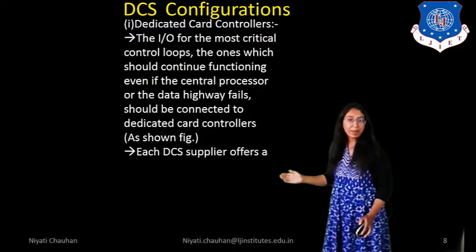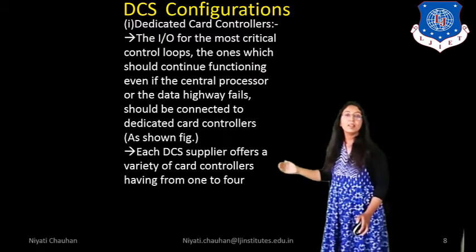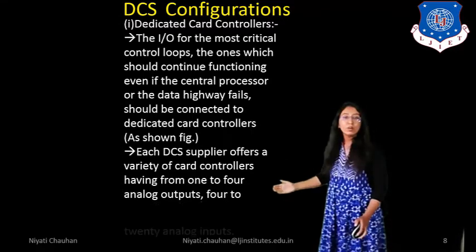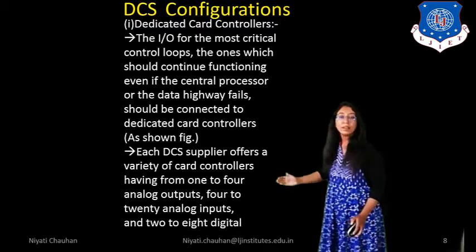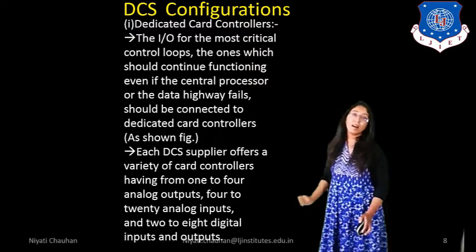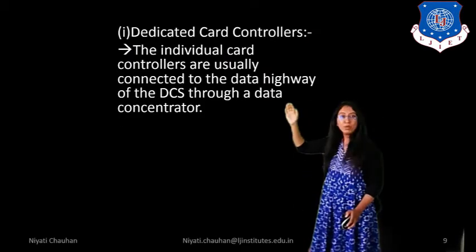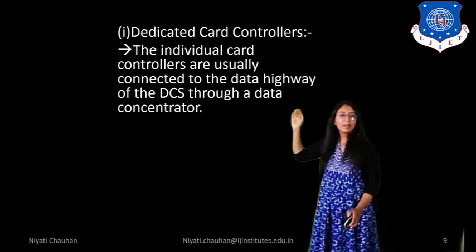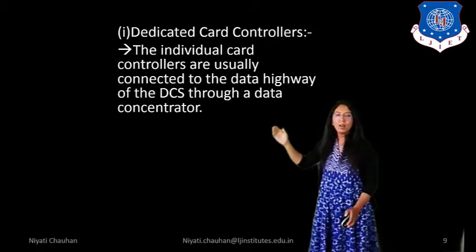Each DCS supplier offers a variety of card controllers having from 1 to 4 analog outputs, 4 to 20 analog inputs, and 2 to 8 digital inputs and outputs. The individual card controllers are usually connected to the data highway of the DCS through a data concentrator.